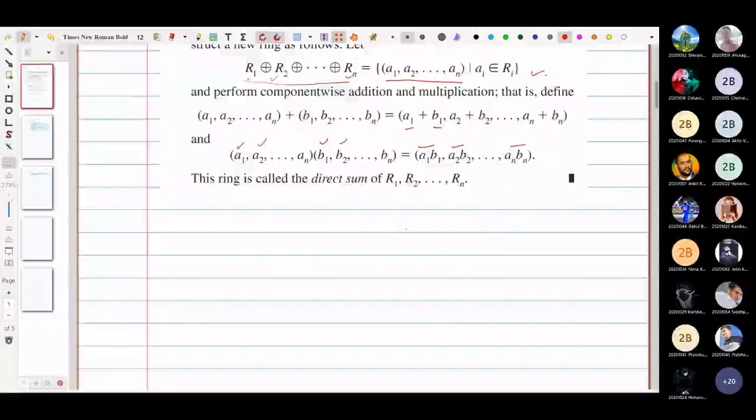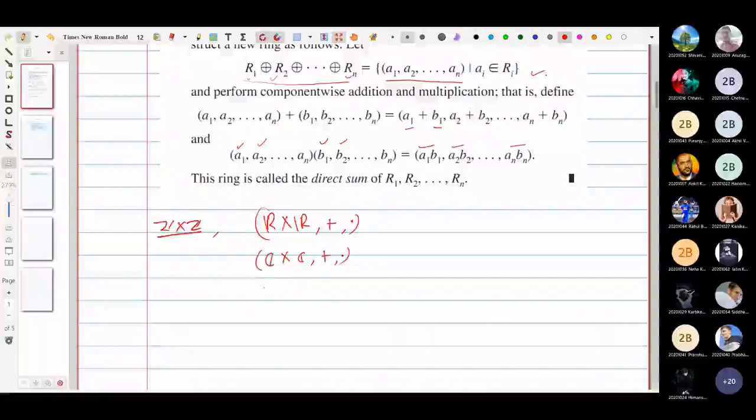There is another example. Of course, yesterday we talked about Z cross Z. You can note these examples; they are good examples, in fact. Similarly, we can talk about R cross R with the usual addition and multiplication, and also the set of complex numbers under addition and multiplication.